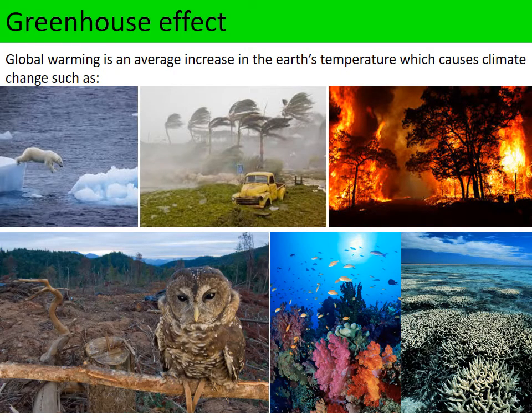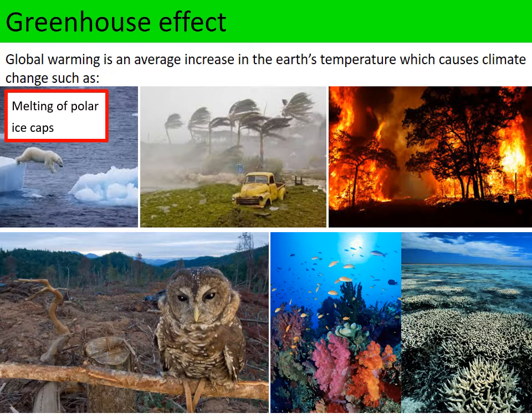So we know there's an accumulation of greenhouse gases in the atmosphere as a consequence of activities like deforestation. Now, we know this can have a knock-on effect, and it does contribute to global warming, which is an increase in the average temperature of the Earth's surface each year. Some of the ideas that we need to think about: melting of the polar ice caps can actually destroy habitats.